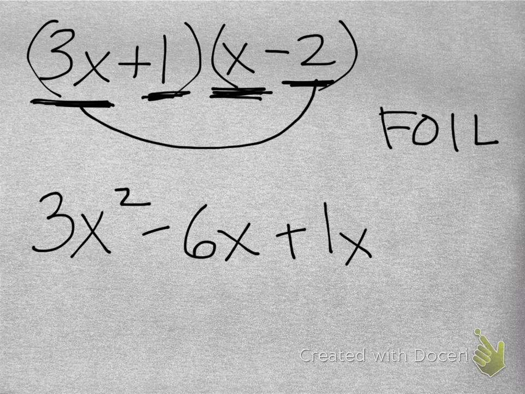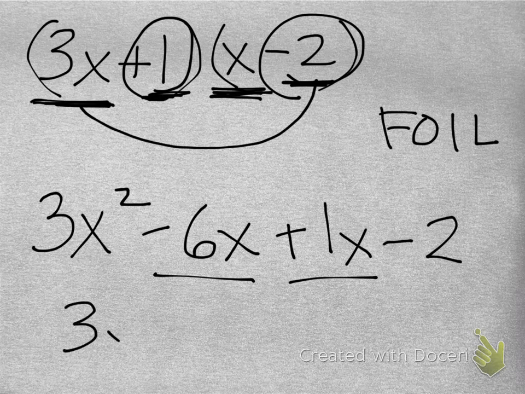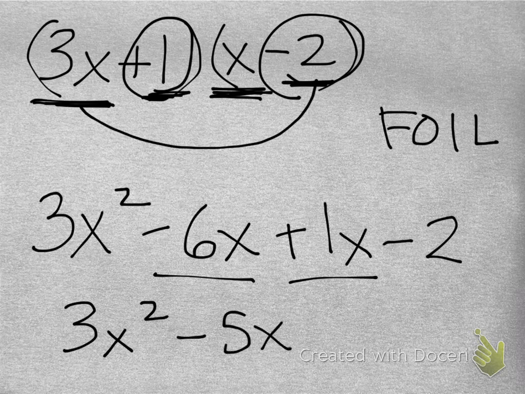And then we multiply the last terms of the parentheses, which are 1 and negative 2, which gives me negative 2. And then I look to see if I can combine any that have the same variable and exponent. That's negative 6x and 1x, which gives me negative 5x. So my final answer, 3x squared minus 5x minus 2.